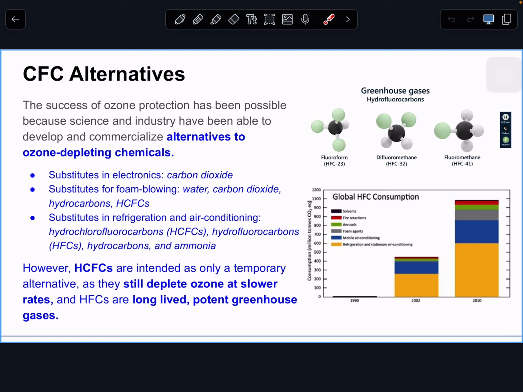But with every solution, there's always a downfall. If you haven't learned anything in this class, it's that there is no one correct solution. HCFCs also deplete the ozone layer, but they just do it slower, and they are a potential greenhouse gas. So even though they help the ozone layer, they still have their downfalls.